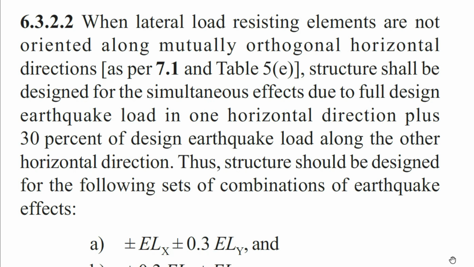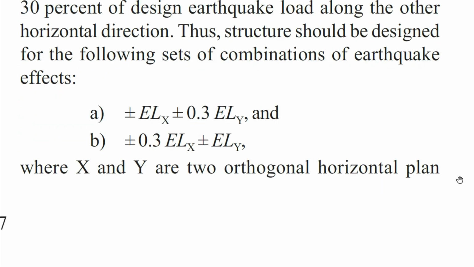So the structure should be designed for following sets of combinations of earthquake effects. So your basically earthquake case will be now made up of combination, that is plus or minus ELX, that is 100% of earthquake force along X direction, plus or minus 30% of earthquake force along Y direction and vice versa.